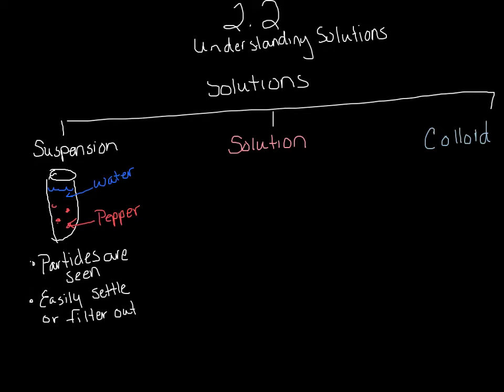Okay, so then we talked about a solution. A good example of a solution is Kool-Aid. So we have our test tube, and we might have some grape Kool-Aid.